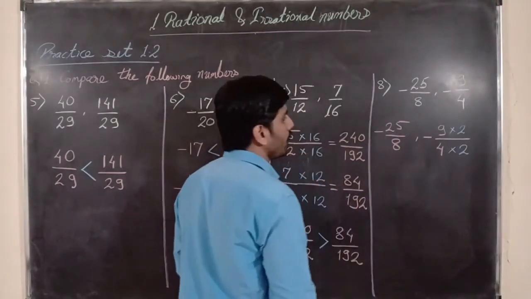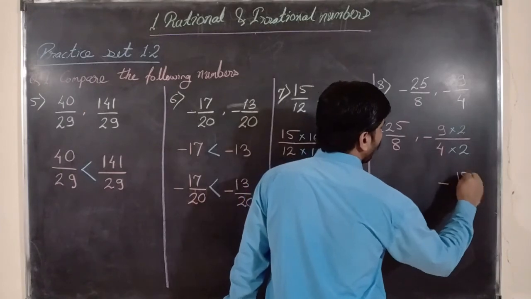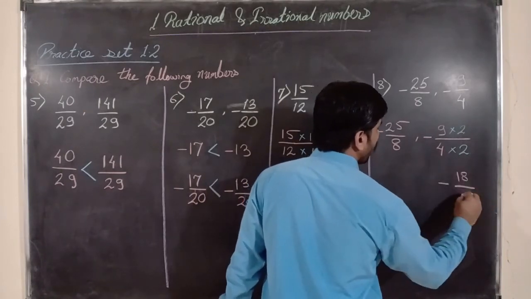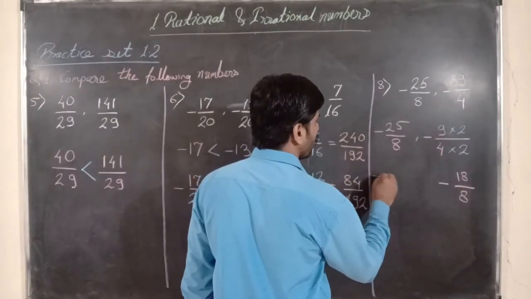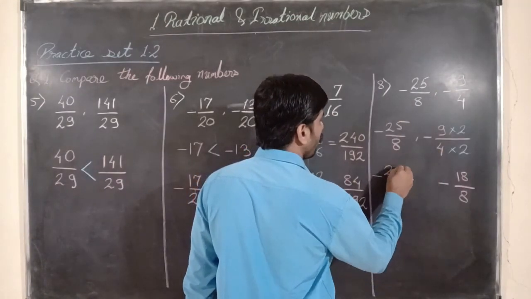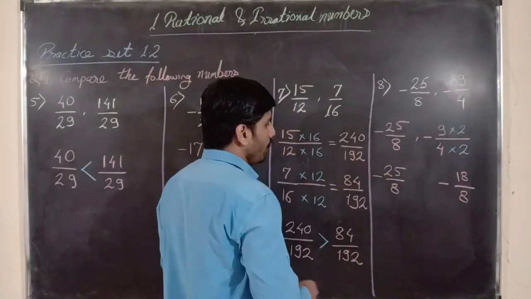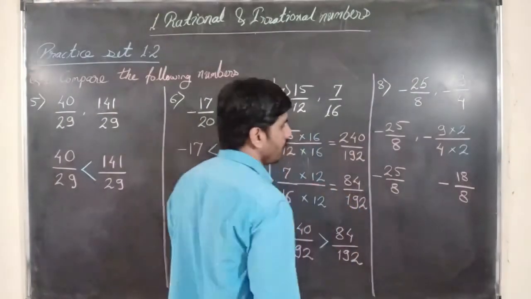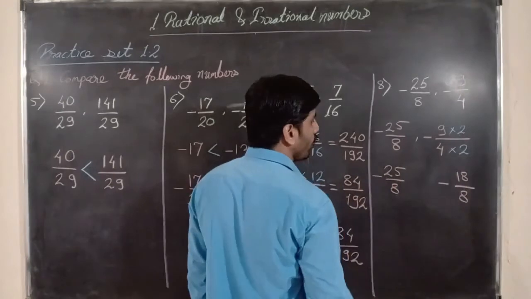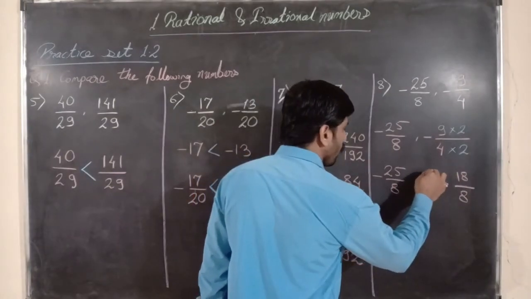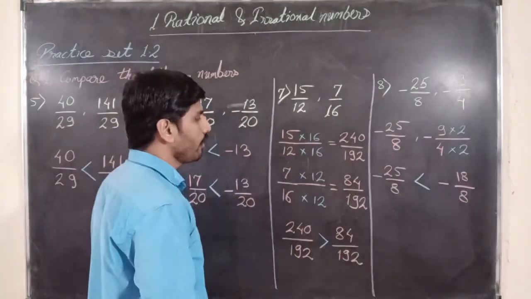So this number will become, 9 2s are 18, 4 2s are 8, and the negative sign as it is. The first number is negative 25 upon 8. Here denominators are the same and we know that negative 18 is greater than negative 25. So negative 18 upon 8 will be greater than negative 25 upon 8.